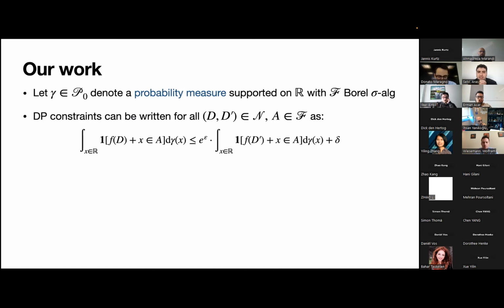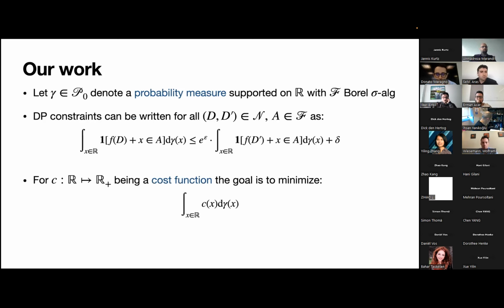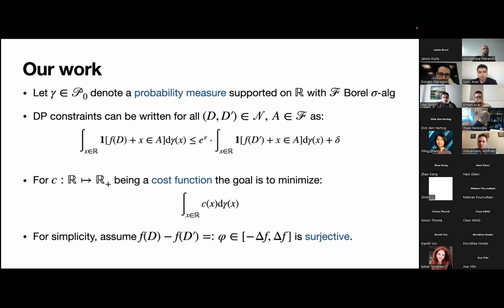So on the left-hand side, we can see that we are integrating the indicator of whether f(D) plus x, the noise realization, falls in the event set A. And because we are integrating with respect to the measure gamma, this gives us the probability of being in set A if we start from D. And on the right-hand side, we see the same probability of the neighbor. And for a fixed cost function, we are minimizing the expected value of the C under gamma.